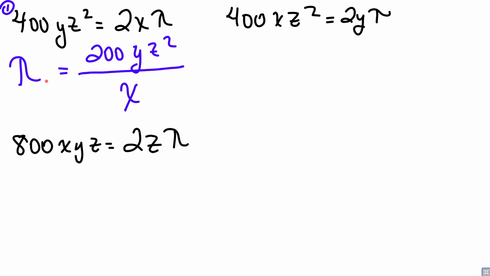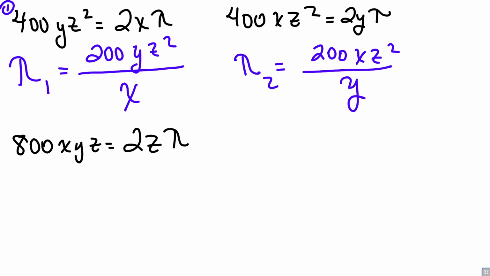I'm going to call this lambda 1 just to distinguish between them. Let's do the exact same thing with the second one. Lambda is going to be equal to 200xz squared over y. I'm going to call this lambda 2.